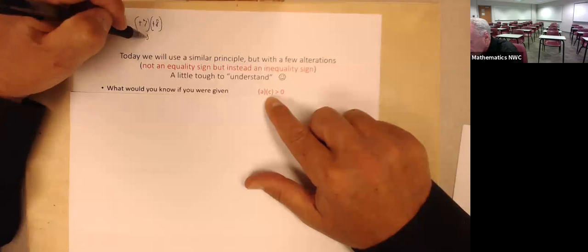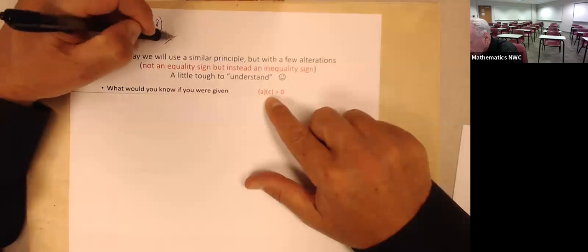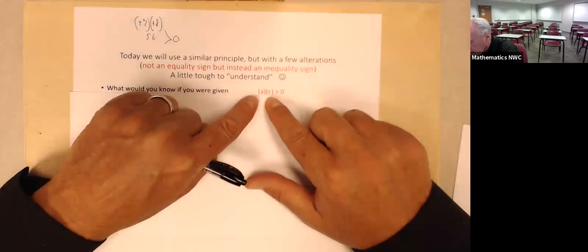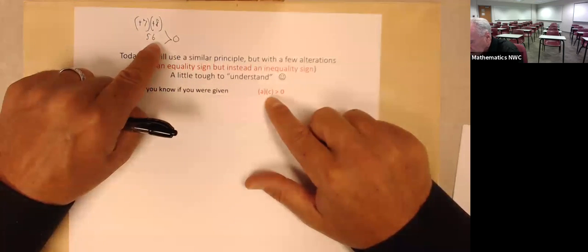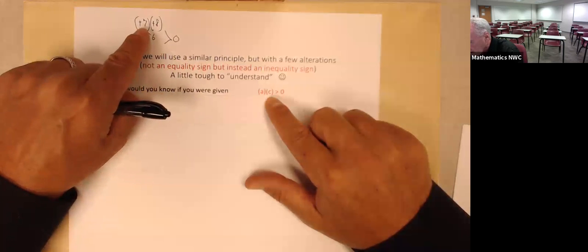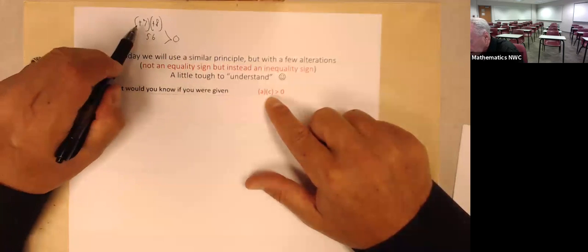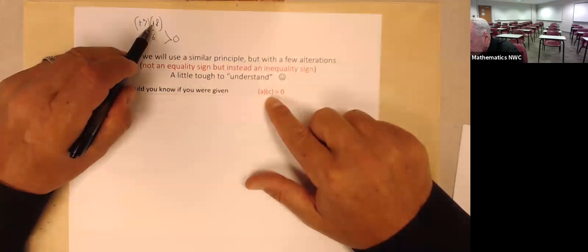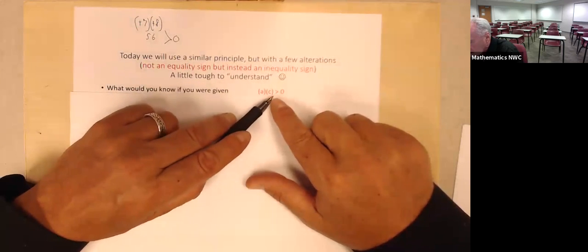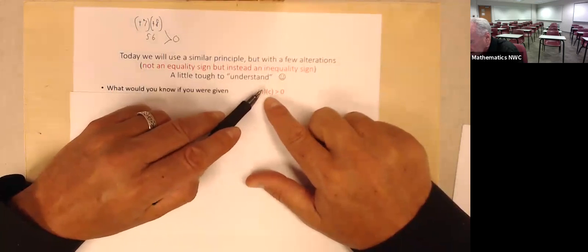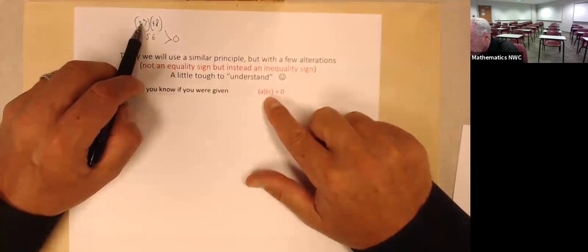Notice that I'll get 56, which is greater than 0. Why was this answer greater than 0? Not so much for the 7 and the 8, but that I took a positive number times a positive. So one way this could be true is if both A and C were positive numbers.